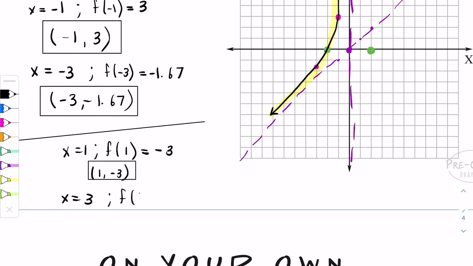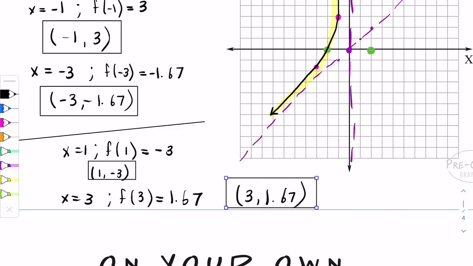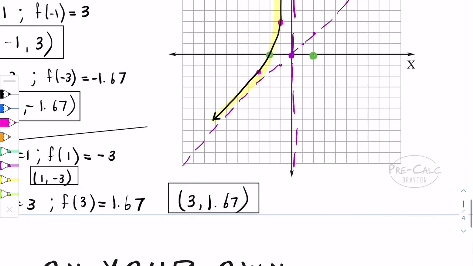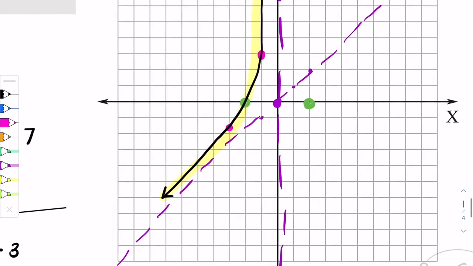Substitute this into the function. Your output is 1.67, which gives you an ordered pair at 3, 1.67. If I plot these points, I have a point at 1, -3, and another point at 3, 1.67. For my second curve that hugs along the asymptotes, never touches or crosses, it looks like this.